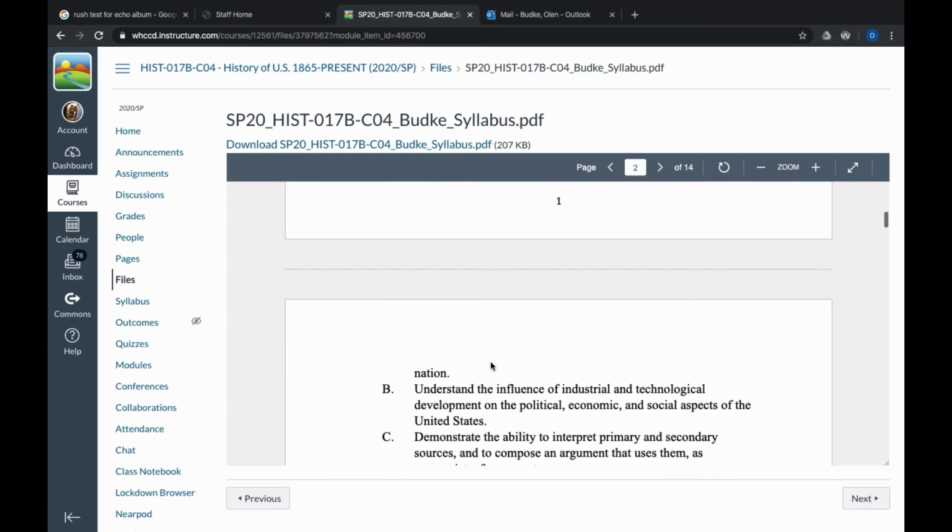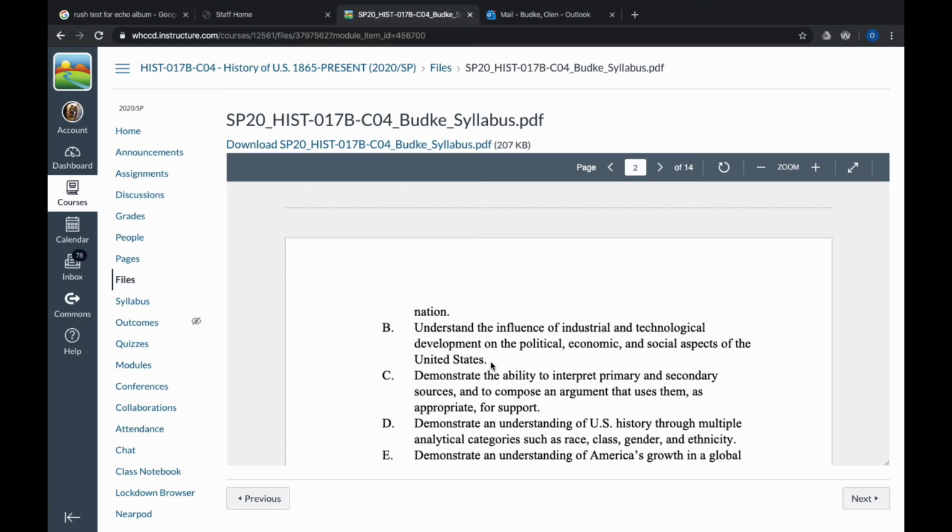All right. Second one, understand the influence of industrial and technological development on the political, economic, and social aspects of the United States. This is something we're going to see throughout this course. All right, we see a major shift to an industrial economy after the Civil War.